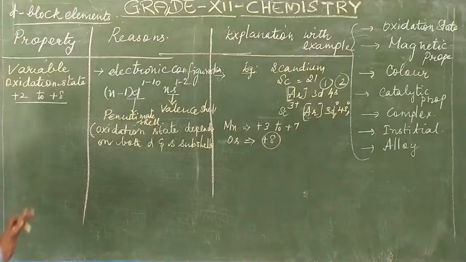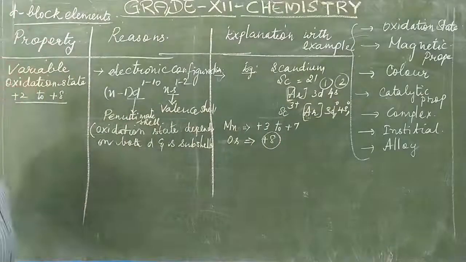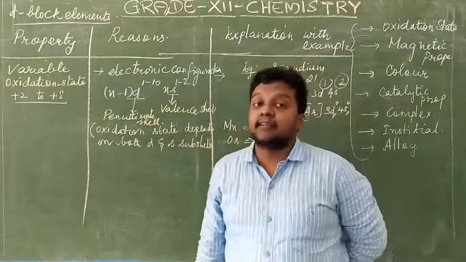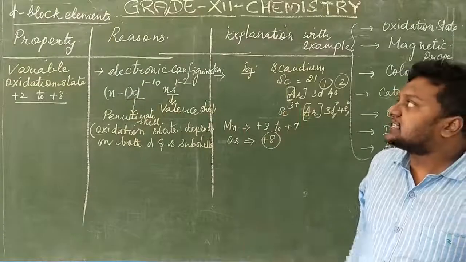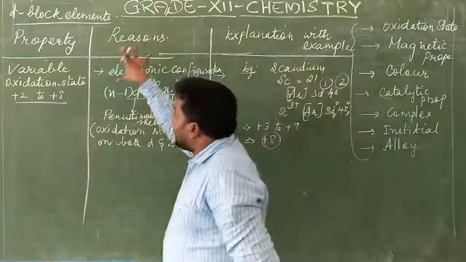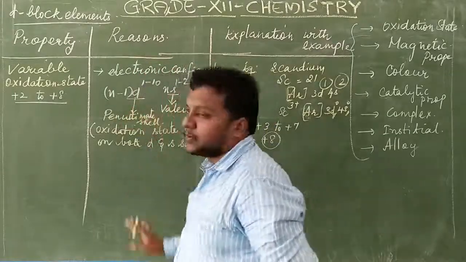If they ask you why the d block element exhibits variable oxidation state, justify the statement. The answer is that the d block element exhibits variable oxidation state because of its electronic configuration, (n-1)d 1 to 10 and ns 1 to 2.